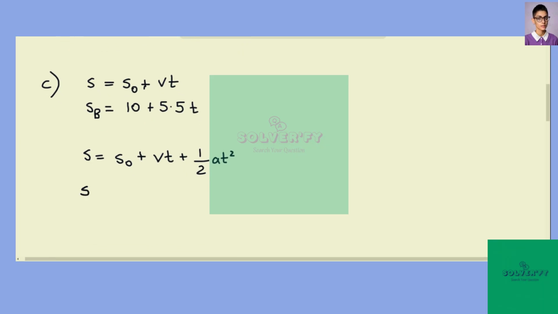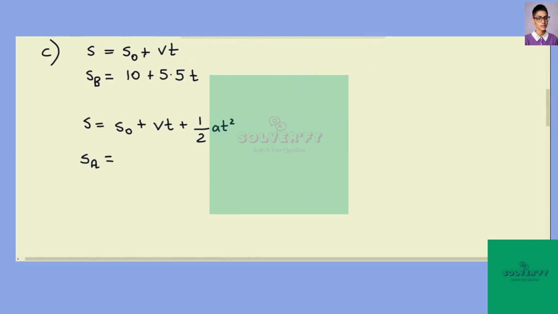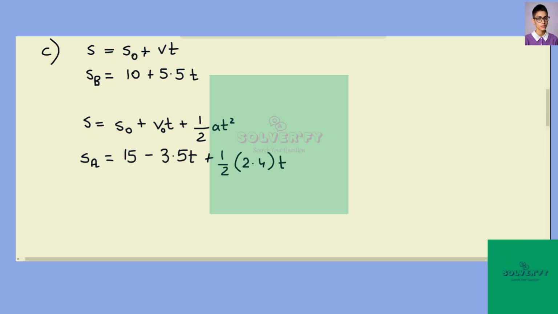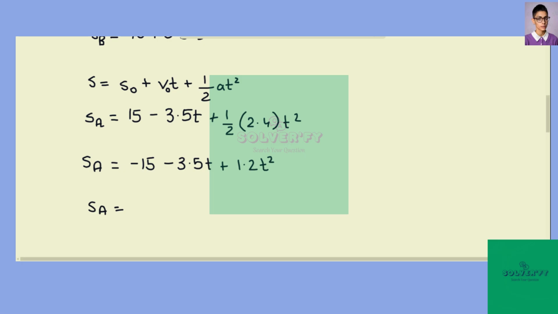We can use this formula to find the position of truck A. s naught was 15 centimeters, and the initial velocity, rather, it should be v naught, negative 3.5 t plus 1/2 times the acceleration 2.4 times t squared, and this equation simplifies to be 15 minus 3.5t plus 1.2t squared.